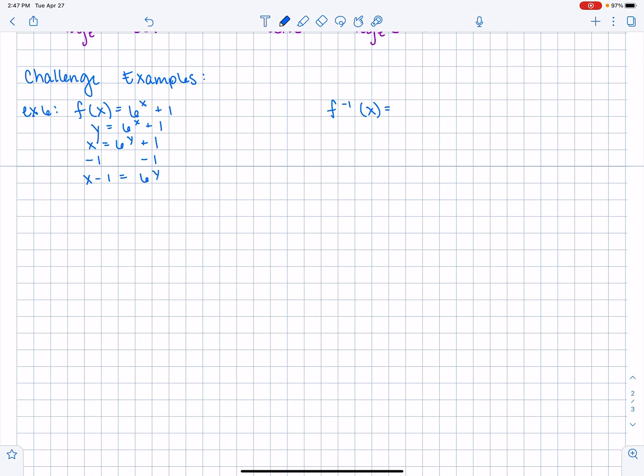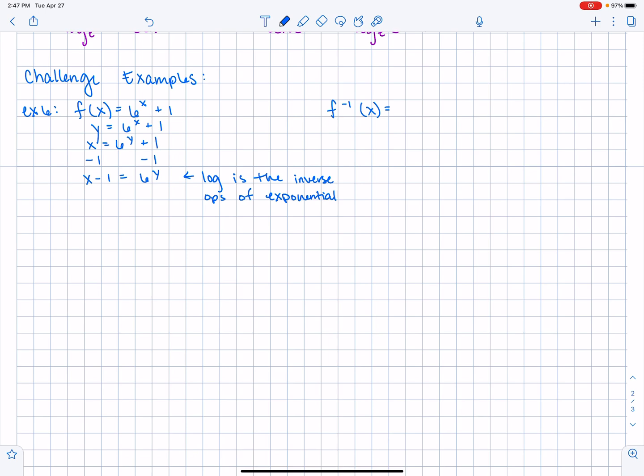And at this point we might get stuck. But we now have this inverse operation, that we can say log is the inverse operation of exponentials. So just like how multiplication has an inverse operation of division, addition has an inverse operation of subtraction, this is how you undo it.